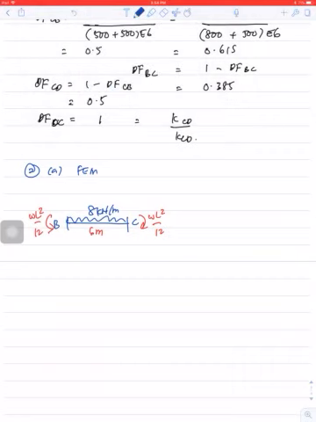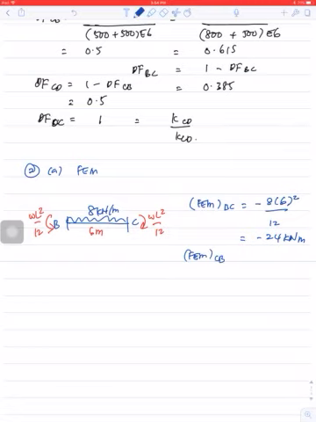So FEM BC is equal to negative 8 times 6 squared divided by 12, which is negative 24 kilonewton meter, and FEM CB is equal to positive 24 kilonewton meter.